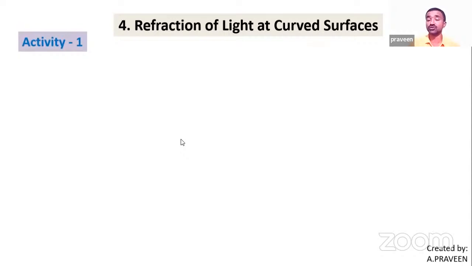Next we are moving to activity 1, which is given on the first page of your textbook lecture. So here you can simply follow that activity. It is asking about a simple task: observing an arrow through an empty transparent cylindrical glass, and then that cylindrical glass filled with water, again observing the same arrow.